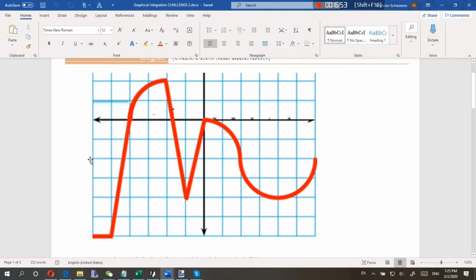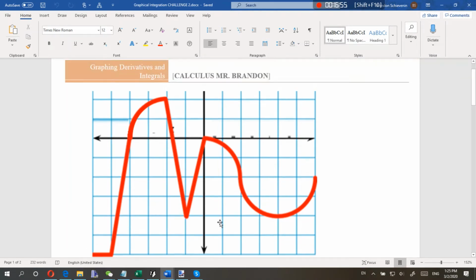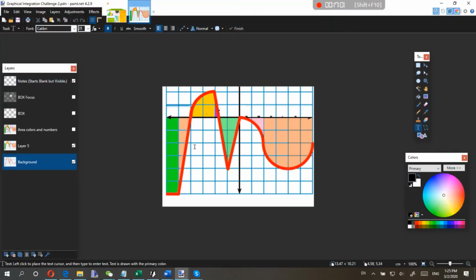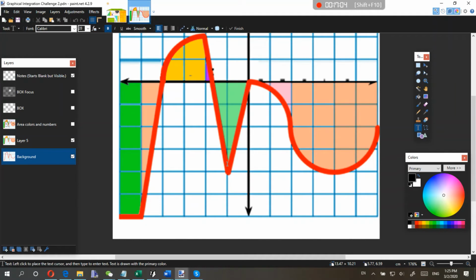Before I do that, I'm going to break this up and we'll talk about areas again. Okay, so I've broken this up into a bunch of different colors again. If I get my areas, let me do the harder ones and then I'll flash everything.